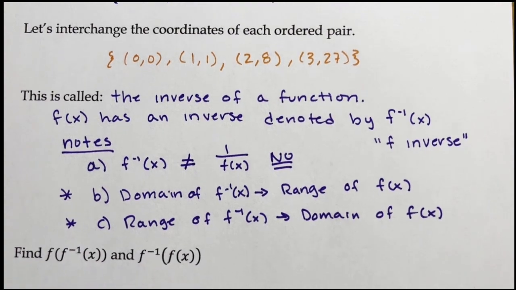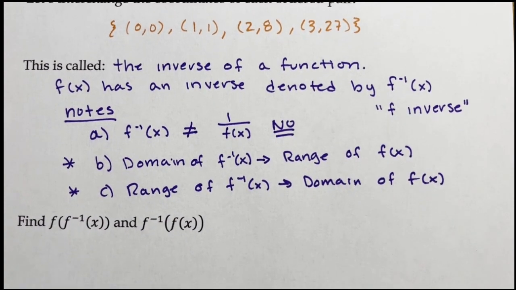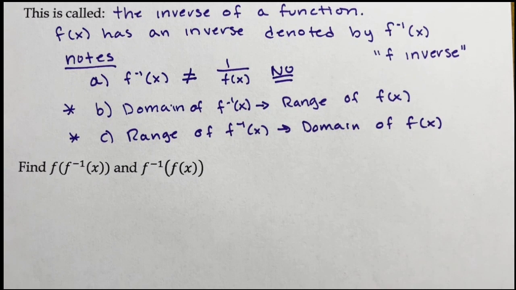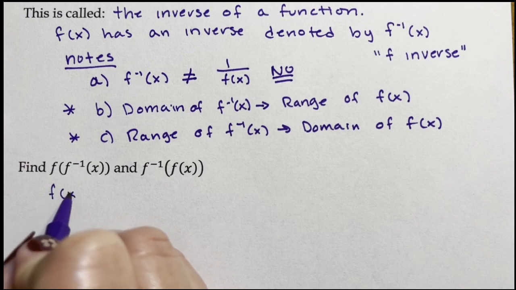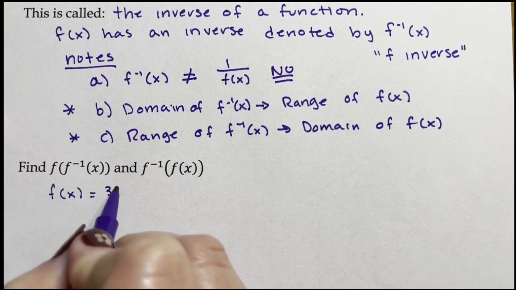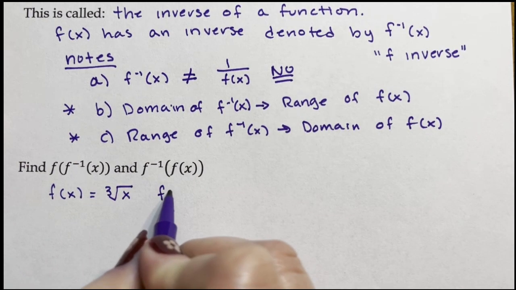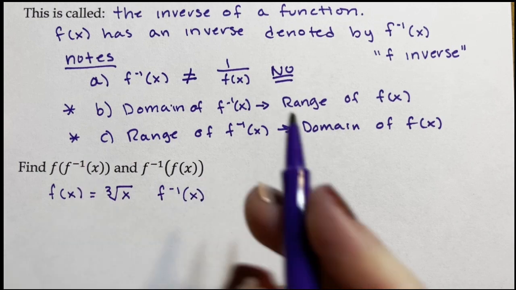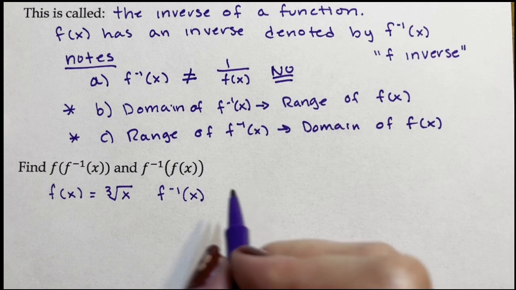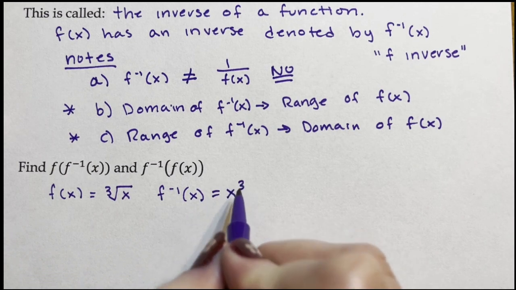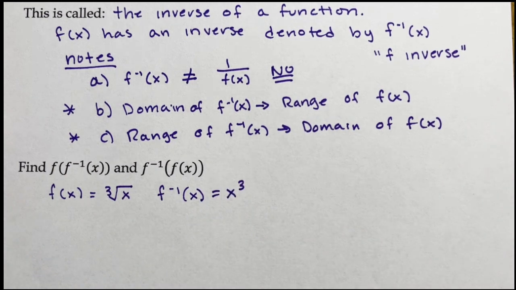So one last fun bit of facts. What we did before is we said that f of x was the cubed root of x. As it goes, the inverse of that, if we looked at our ordered pairs where we went (1, 1), (2, 8), (3, 27), the inverse is x cubed. Just a fun fact.